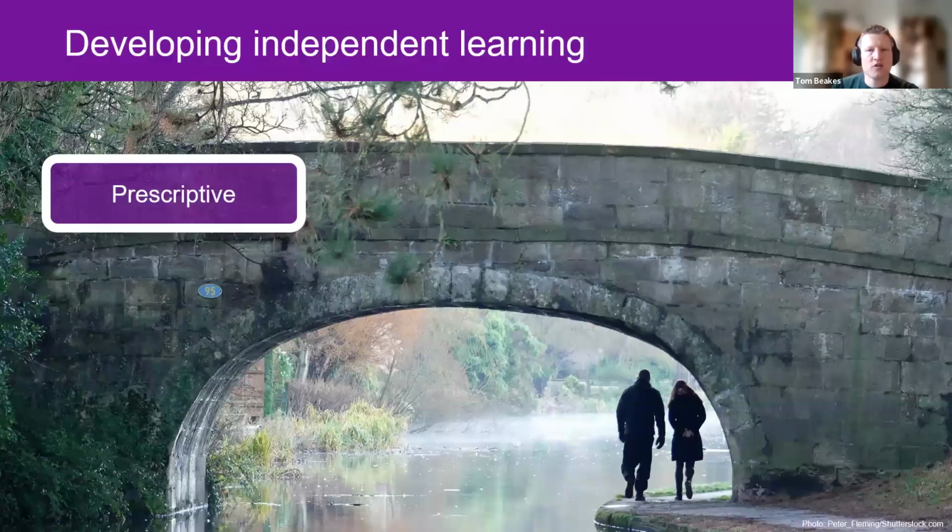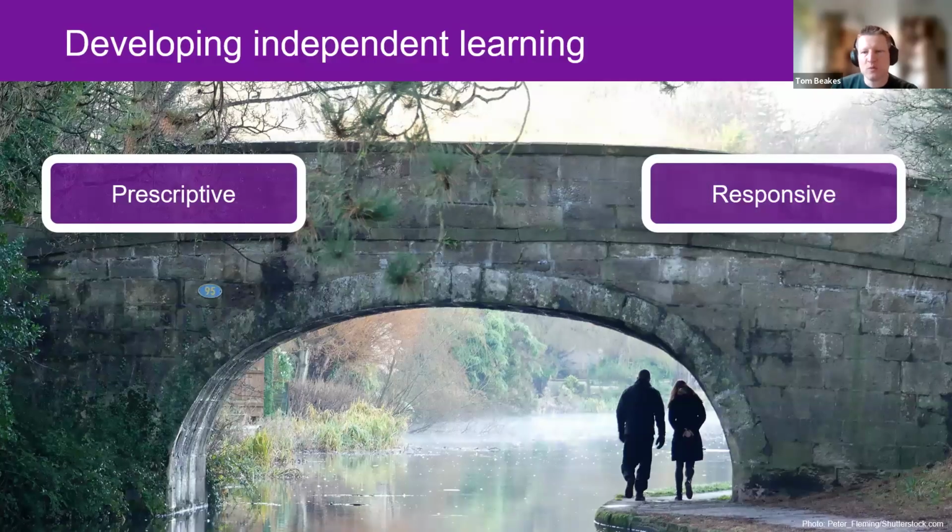And so at the other extreme, we might want a more responsive approach to annotation. So that's where it's coming from the learner, it's learner-led, it's more flexible. The reasons for doing the annotation are chosen by the learner in response to their own particular needs for that particular task or subject.